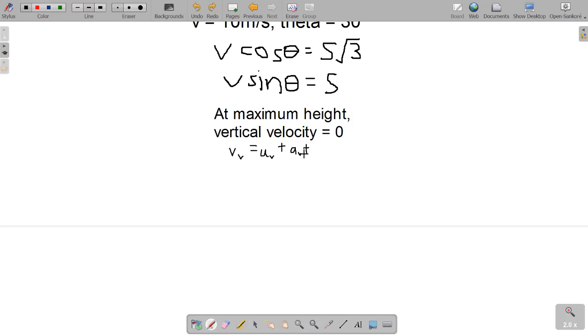So these are in the vertical components. Depending on what you define to be the positive direction, you define v and u as such.